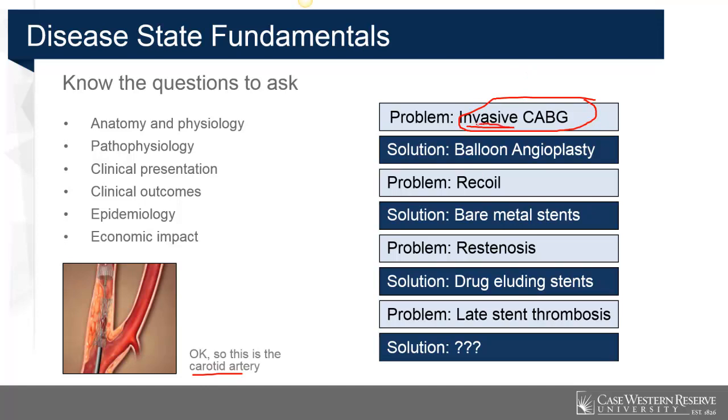So somebody came up with a solution: balloon angioplasty. As illustrated here, you use a catheter and a balloon to expand, and maybe you push the plaque to the side and open up the artery, so that you restore the flow, with reperfusion of the area.